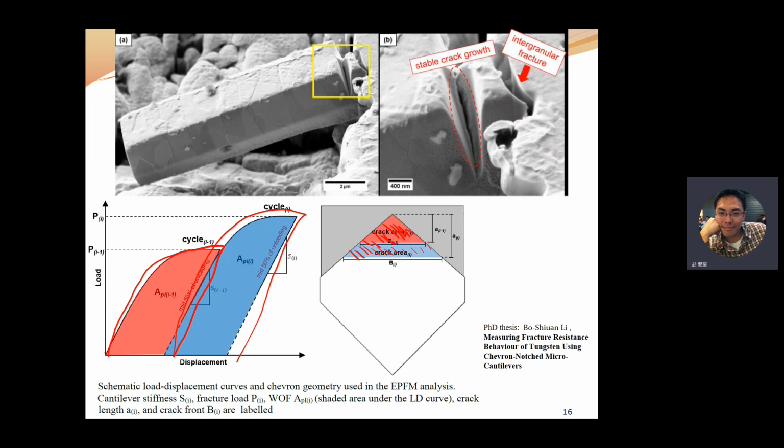And the area under the stress and strain, or we say the load and displacement curve, is energy, right? It's energy. Therefore, the energy to open the second crack surface is defined as the specific surface energy.